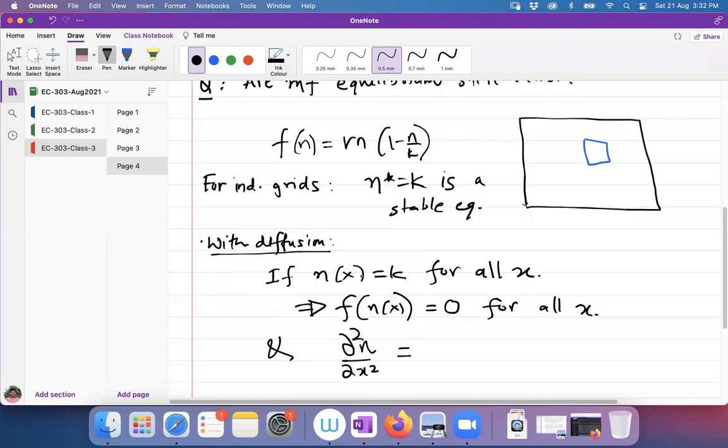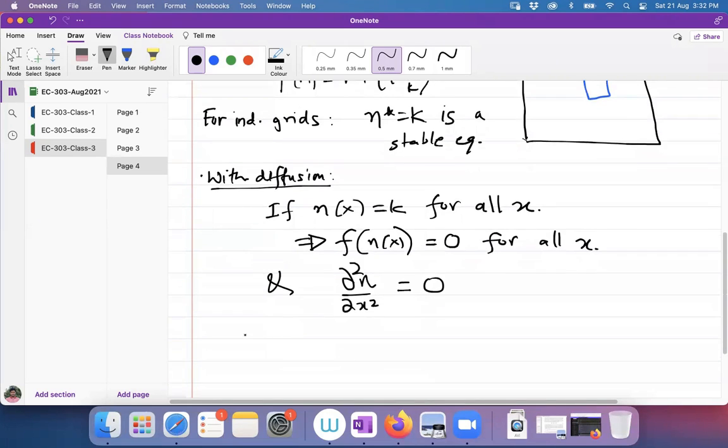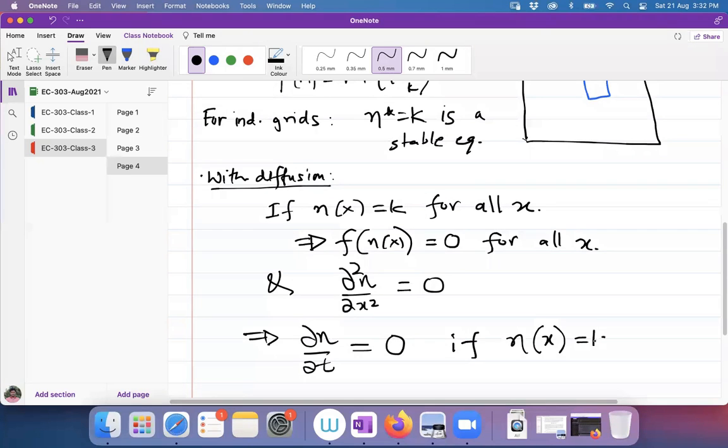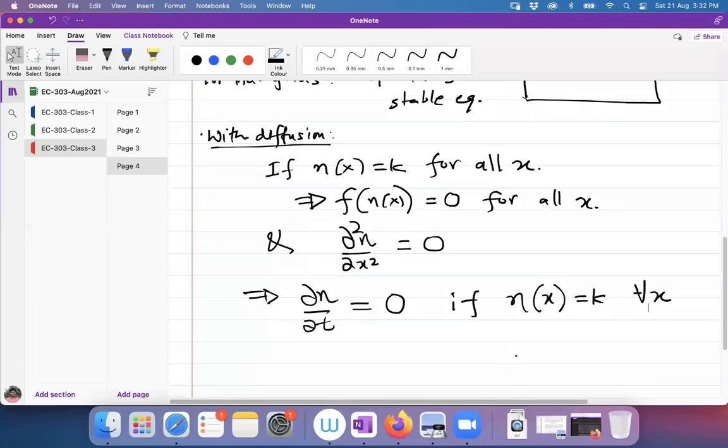If every location has a value of k, it is 0, right? So therefore, ∂n/∂t will be 0 if n(x) is k for all x. Do you agree?